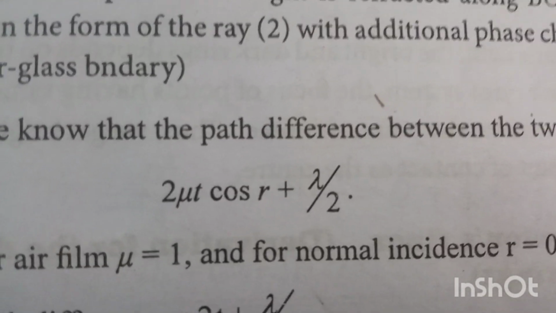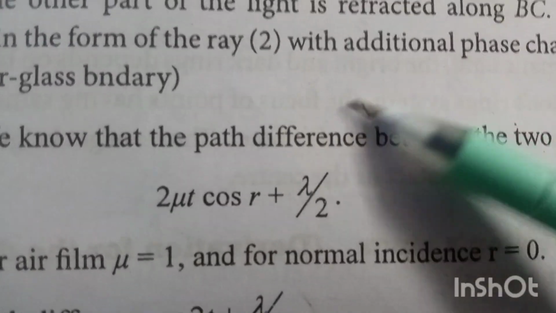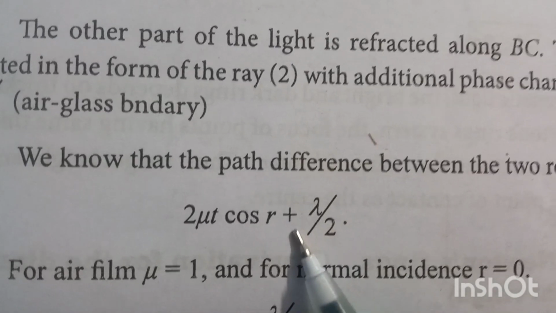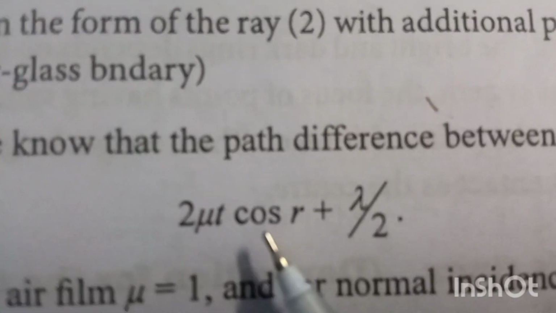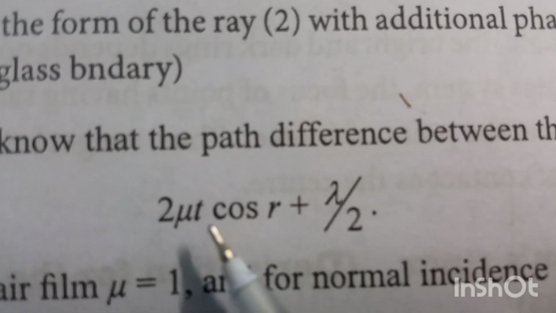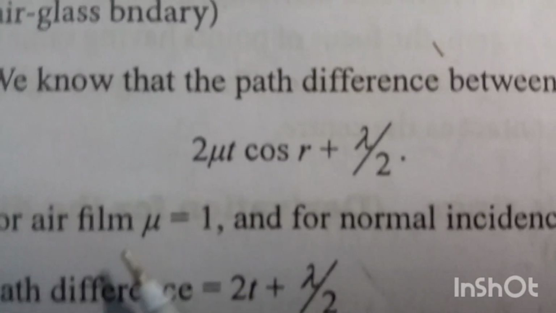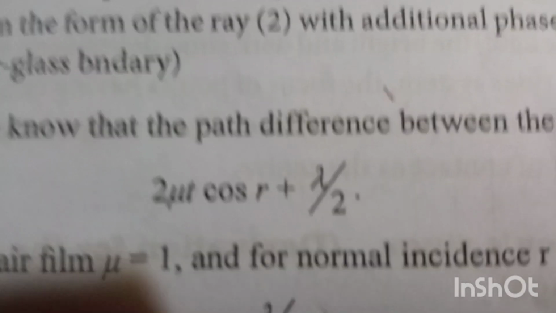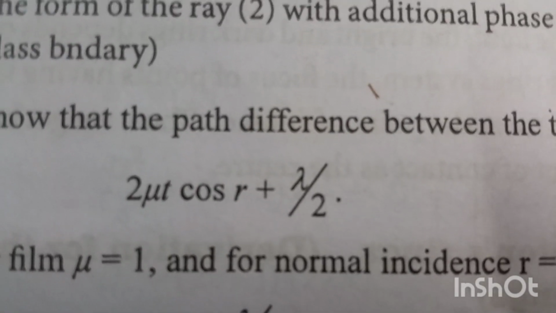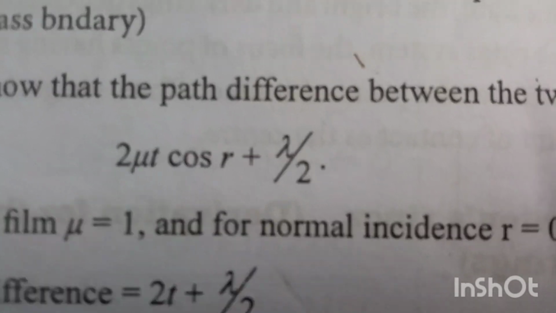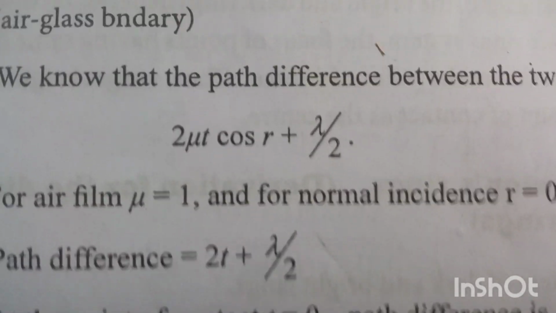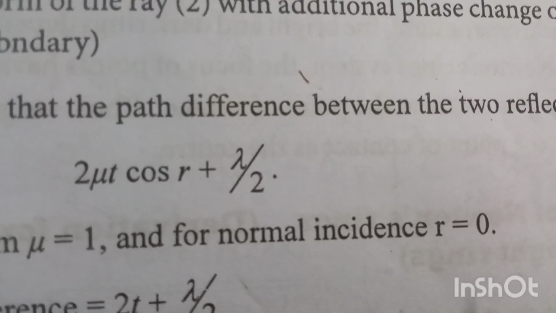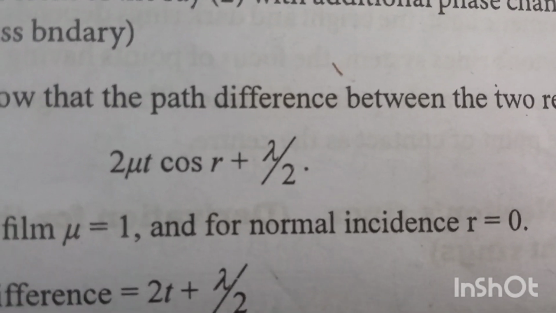In the previous topic we saw the path difference between two light rays is 2 mu t cos r plus lambda by 2. But for an air film, the refractive index of air is 1, and the refractive index of water is 1.33. Considering the refractive index of air as 1, for normal incidence r can be taken as 0 degrees.